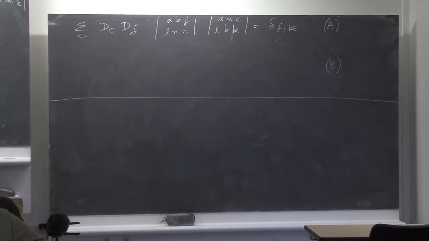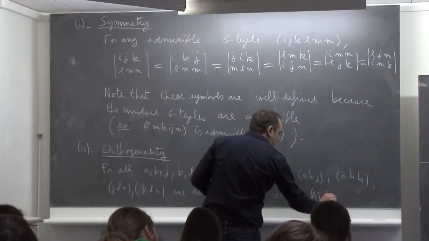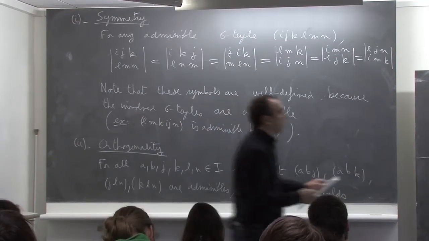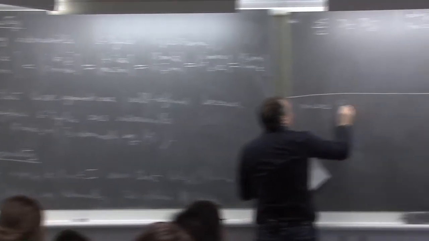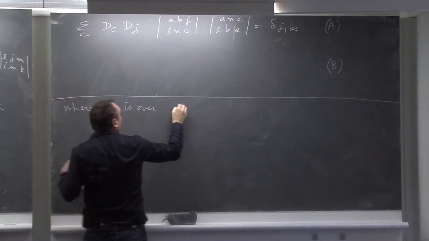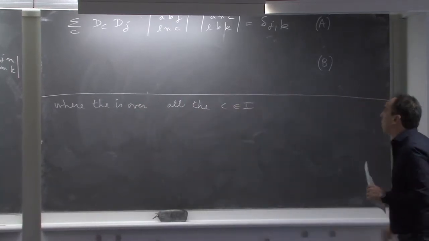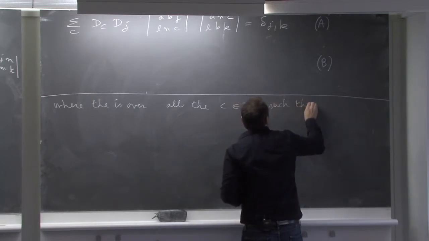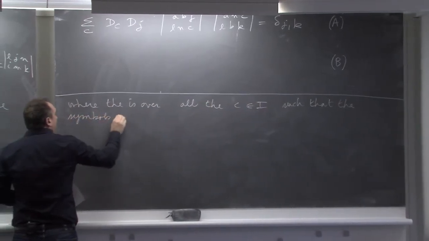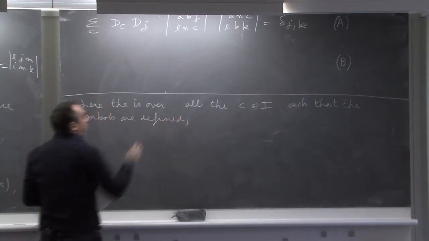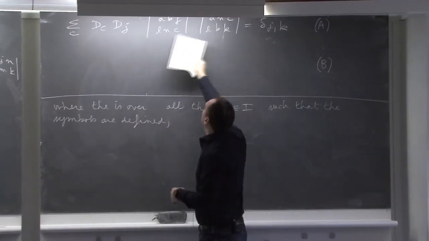So the relation A holds, where here, in this relation, the sum is over all the elements C in I, such that the symbols are defined, and when you look at the definition, we want that these 6 tuples are admissible.